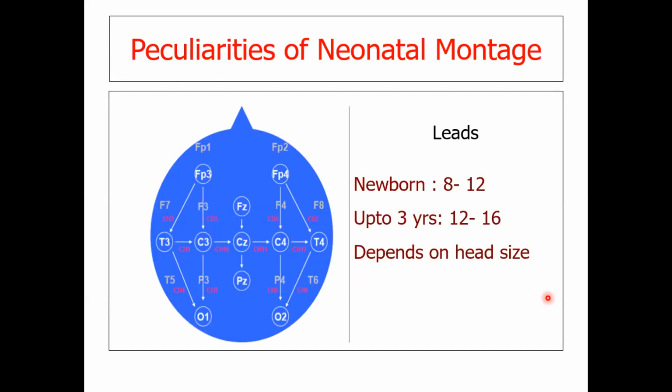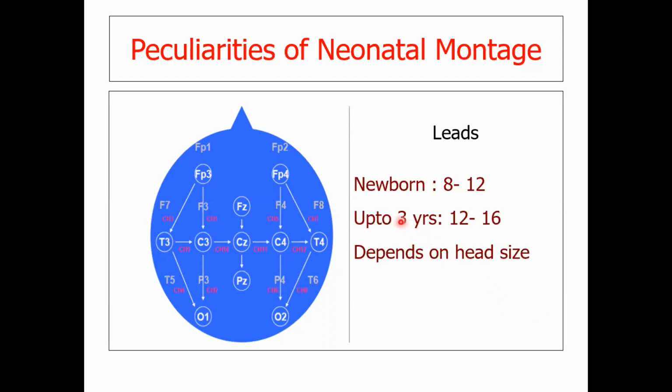So how do we apply a neonatal montage? It stands to reason that the head size is small, so you cannot apply 21 leads. The newborn EEG normally can be reported with 8 to 12 leads, which are applied according to the 10-20 system. Up to 3 years, 12 to 16, and beyond 3 years, it depends on the head size. However, it goes up to 21 leads.